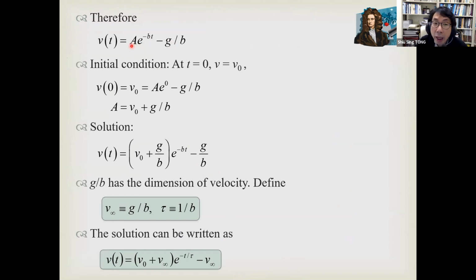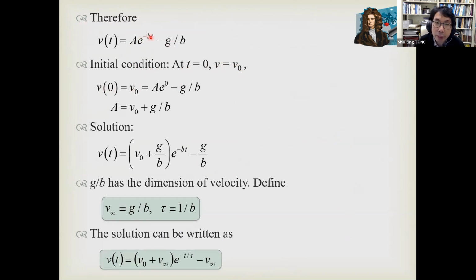But we still have an additional constant a to be determined. And just like what we did before, this additional constant a has to be determined by the initial condition, when at time zero the velocity is equal to v0. So we substitute this into the equation. The initial velocity v is equal to v0.